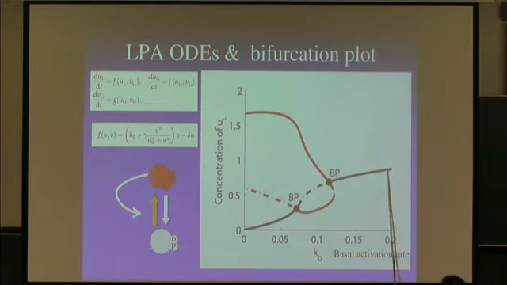Now, the black curve, if it was there by itself, would signify the behavior of just the well-mixed system. So if you look at only the global variables, you would get a very boring black curve, which means you have one stable steady state and nothing else interesting.